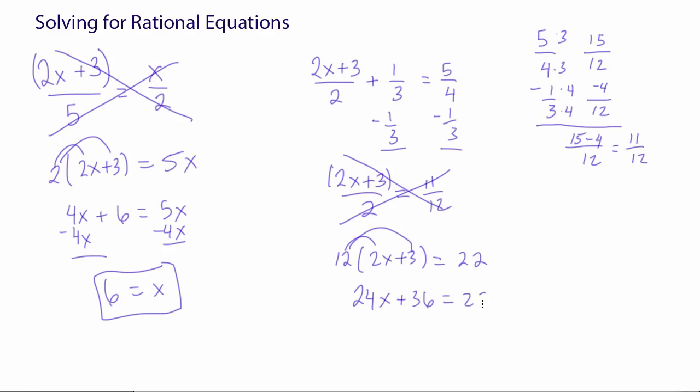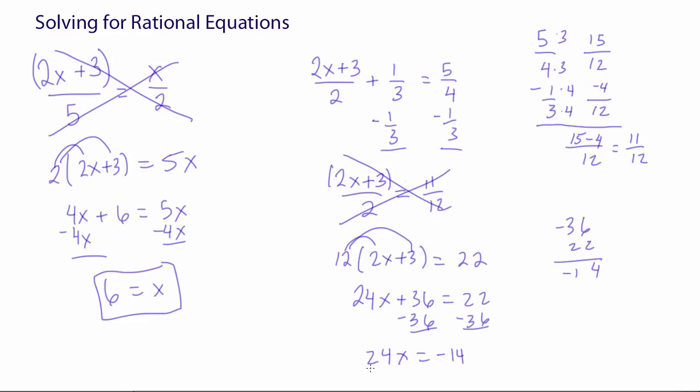Equals 22. How do I solve for x? Well, I have to subtract 36. And that gives me 24x equals 22 minus 36. That's going to give me negative 14.